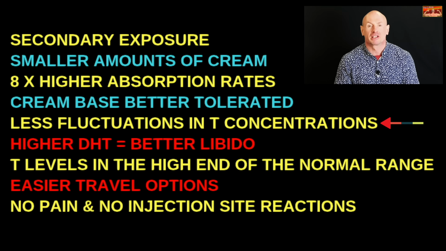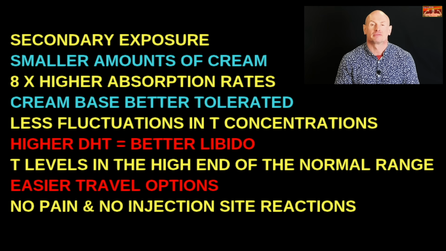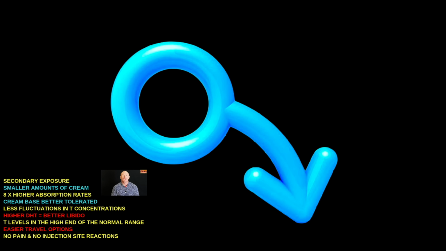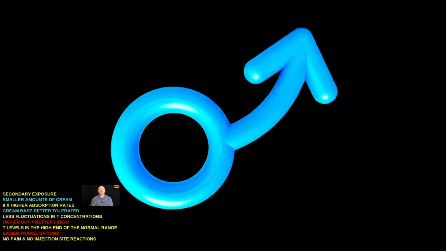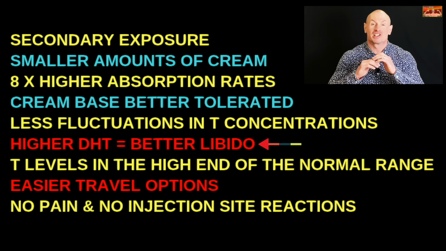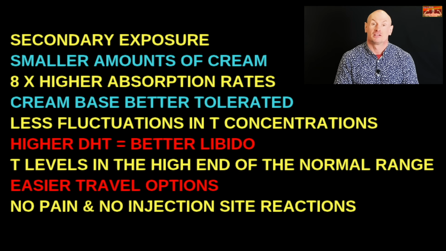With scrotal application, there is only a smooth linear peak felt throughout the day. 6. Higher DHT levels are responsible for better libido. Twice daily application on the scrotum definitely produces the best libido boost and sexual function enhancement. Energy is great all day with the typical twice a day administration. 7.